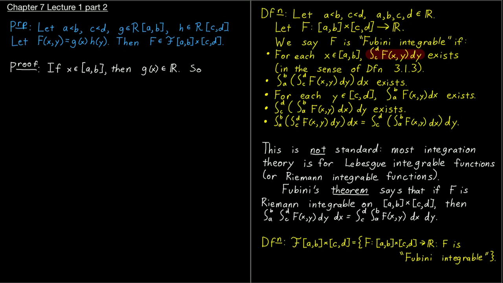So the function g of x times h, that is a real number times h. H is Riemann integrable. So this is Riemann integrable on the interval CD. And this is true by proposition 3.1.11 from last semester.